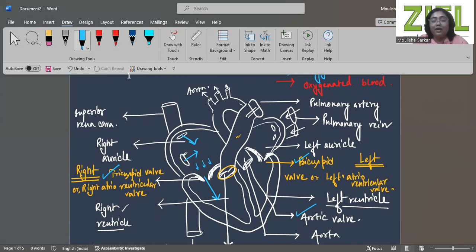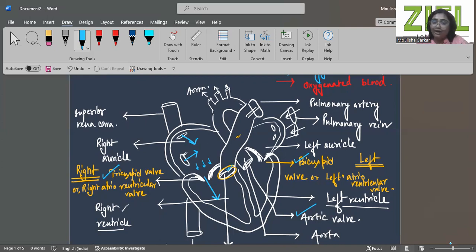Okay, so from the right auricle, the deoxygenated blood came through the tricuspid valve to the right ventricle. And when the right ventricle is completely filled with deoxygenated blood, the heart will again contract. Because of the contraction, the pressure inside the ventricle will increase, and that will lead to the opening of the pulmonary valve.